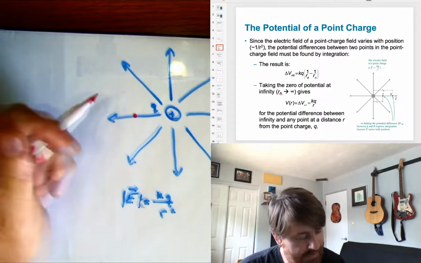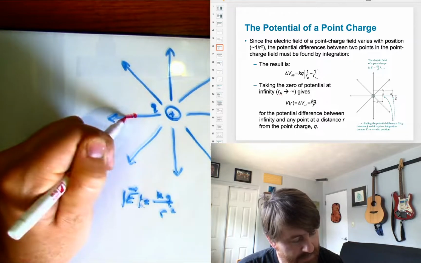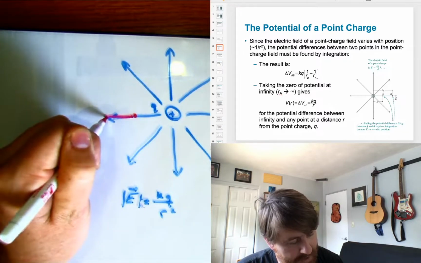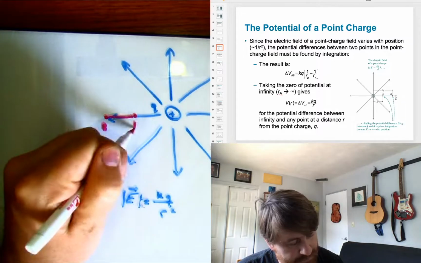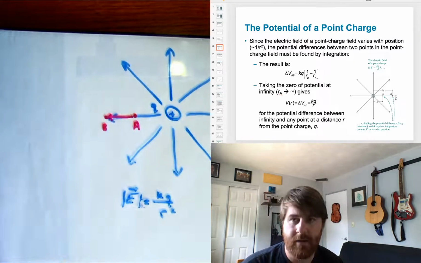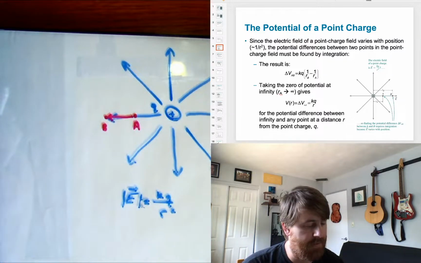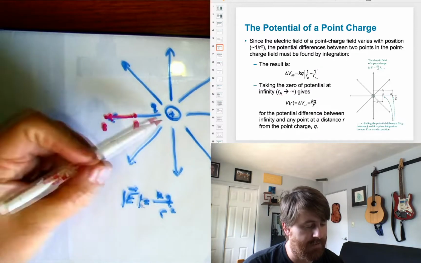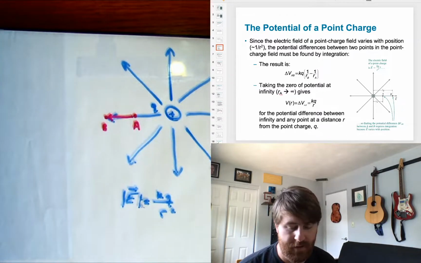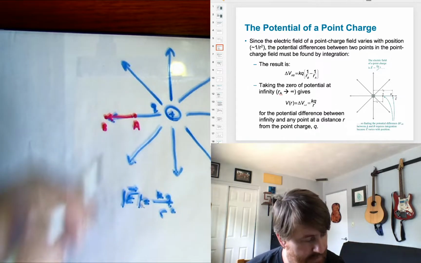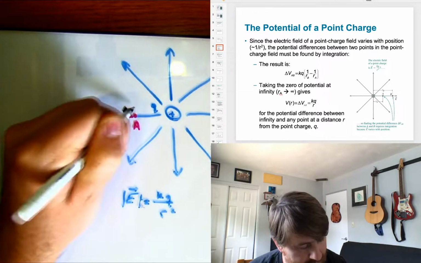Okay, so now let's take this and we'll displace it. We'll move this charge from point A to point B, outward, away from the positive charge that's causing the electric field. That means dr is going to point this direction.